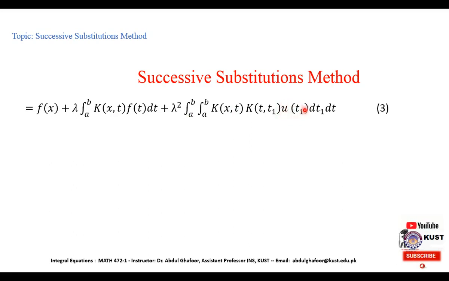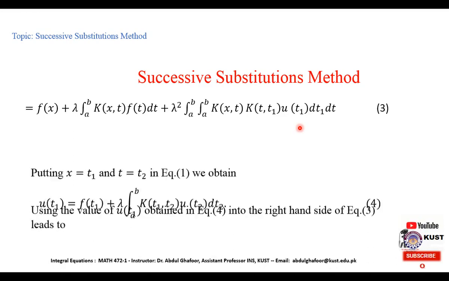So again we will find this u(t1) to construct a series. You can see that there is a single integral and a double integral over here, but now we substitute this u(t1), so this u(t1) can be found again from equation 1 by putting x equal to t1 and t equal to t2.